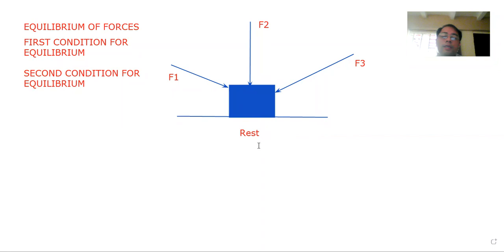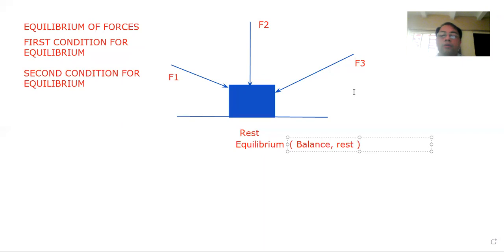So we say that the body is in an equilibrium state. A state of rest, a state of balance. We call equilibrium by several names: a state of balance, a state of rest.